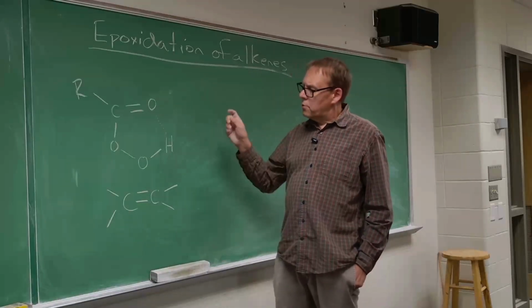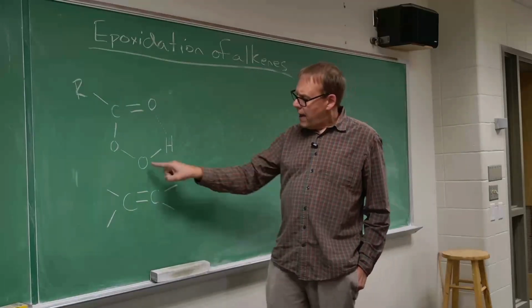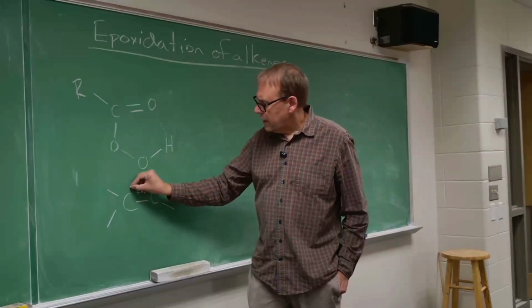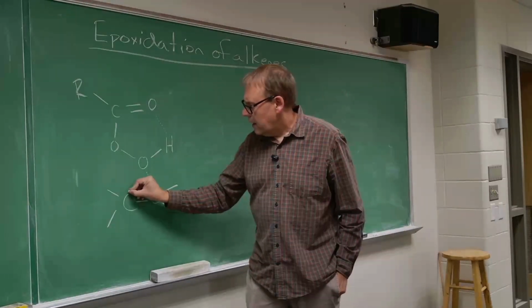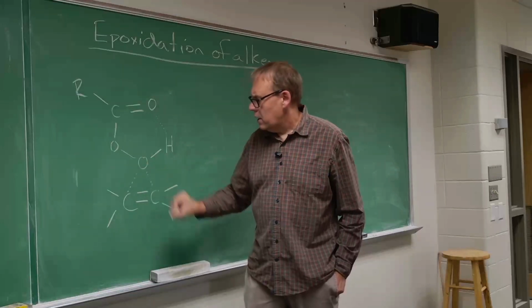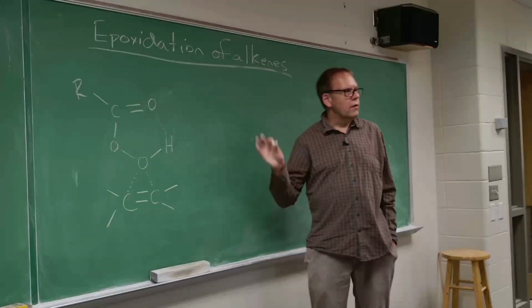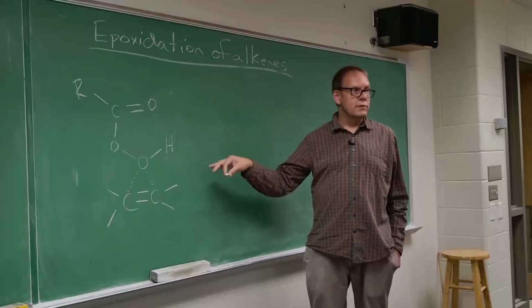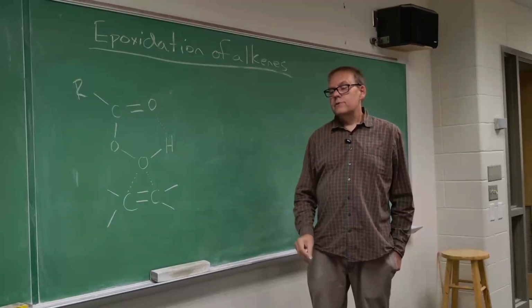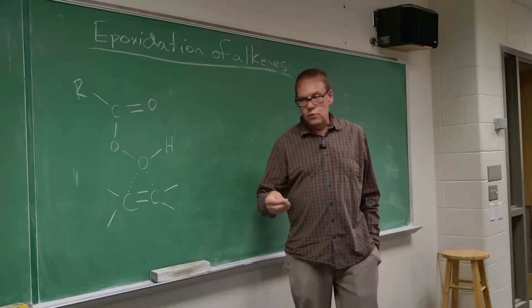And when it approaches the alkene, that oxygen right there is the one that gets close to the alkene, and then it forms a transition state where there's like a triangle that's going to form. And those dotted lines that I'm drawing right there indicate where new bonds are going to form. And there's a series of electrons that move.